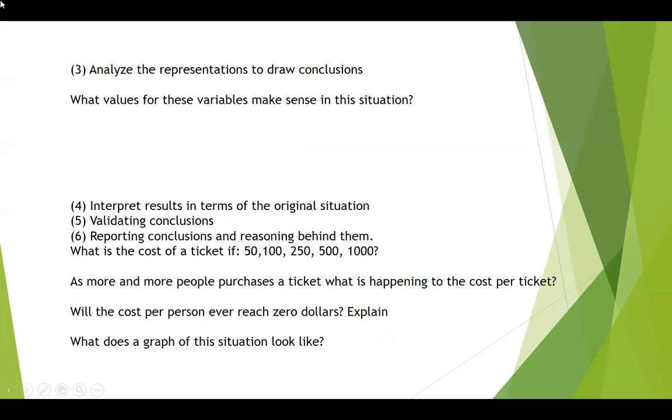I'm expecting students to say that the number of people cannot exceed how many students are in the senior class, or the number of people cannot exceed how many people can be held in that building.